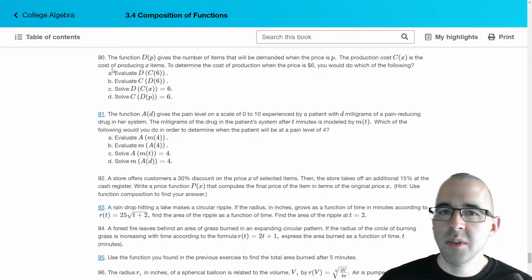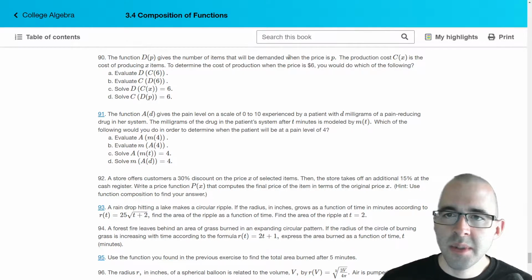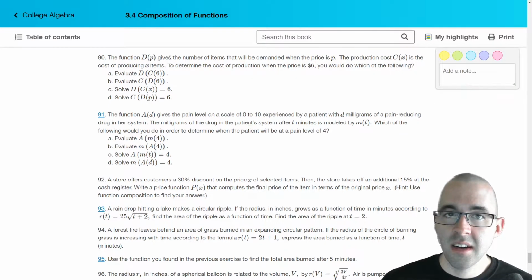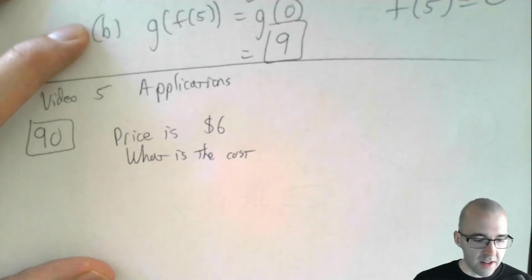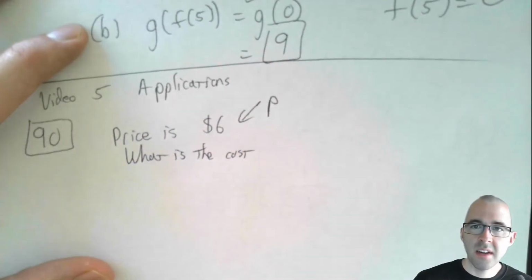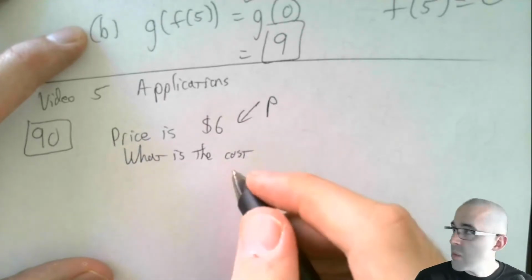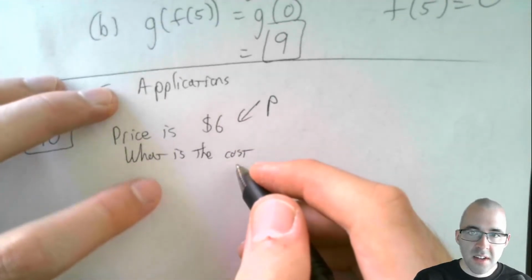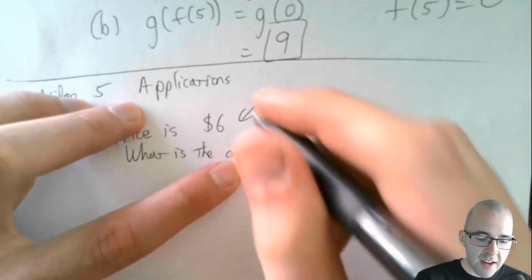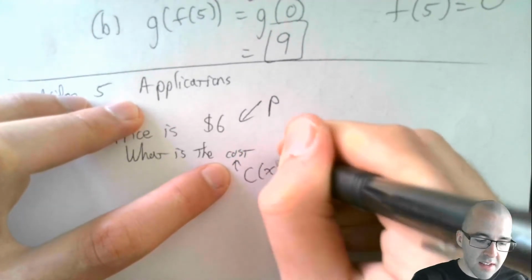Do you have anything that has to do with price? Function d of p gives the number of items that will be demanded when the price is p. That $6 is going to be p. Go over here, right? That's going to be our p. Good. And we want to know what's the cost. Cost. We had that, right? Cost is c of x.